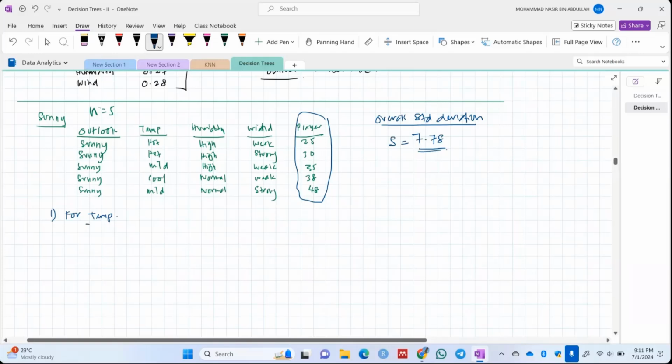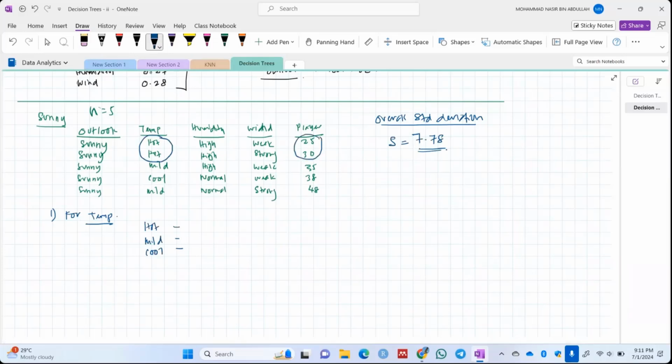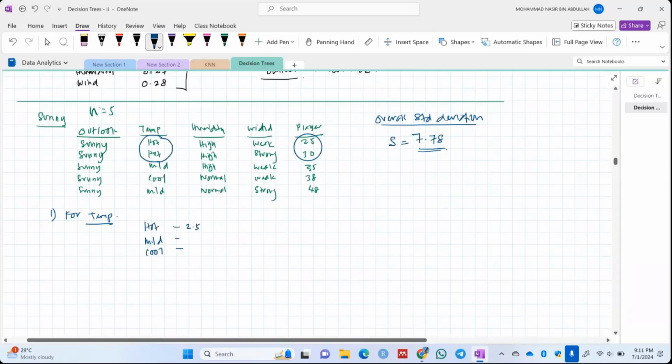So for temperature, we have hot, mild, and cool. For hot, we have 2 observations, so you can calculate the standard deviation. This should be equal to 2.5. This is the standard deviation, this is n.